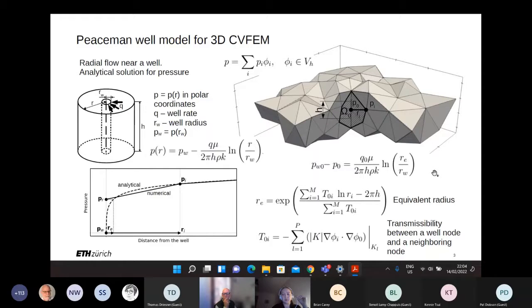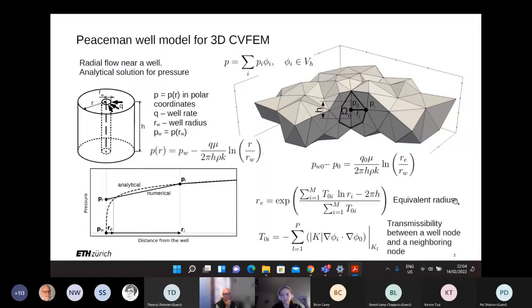And the effective radius is calculated from the mesh around the well node. And one other important feature of this particular implementation is that it does not require any special configuration of the mesh near the well.